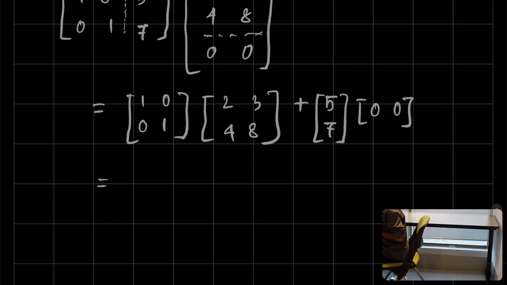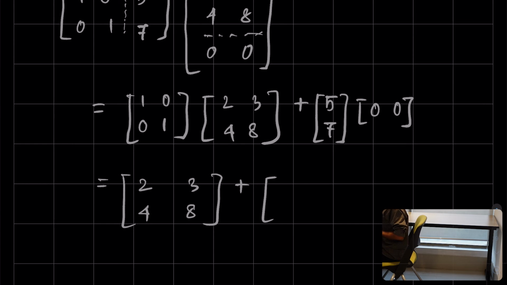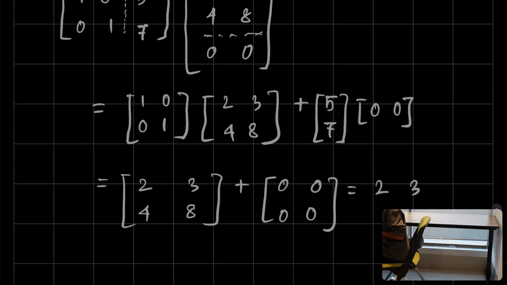Now if I multiply these two, this is 1, 2, 3, 0, 4, 8 plus the multiplication of the column vector 5, 7 with the row vector 0, 0. This is actually 0, 0, 0, 0, but the size is 2 cross 2, because the number of rows of the first matrix is 2 and the number of columns of the second matrix is also 2. So this is equal to 2, 3, 4, and 8.